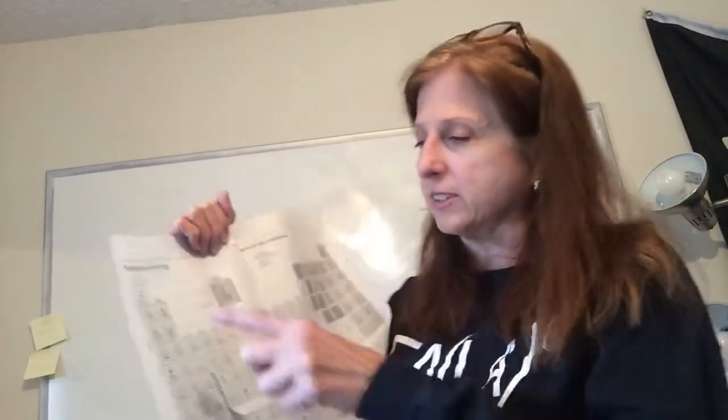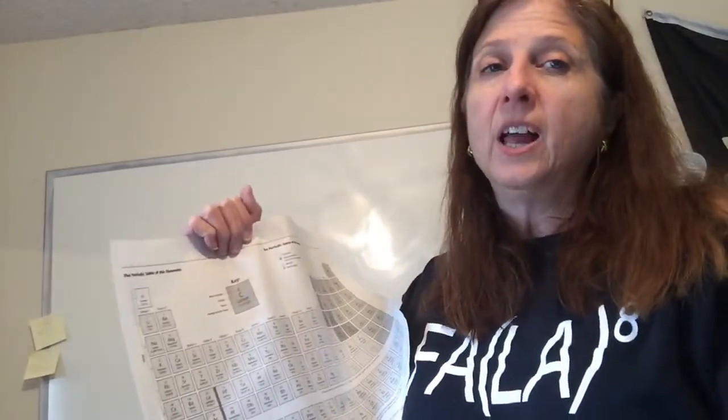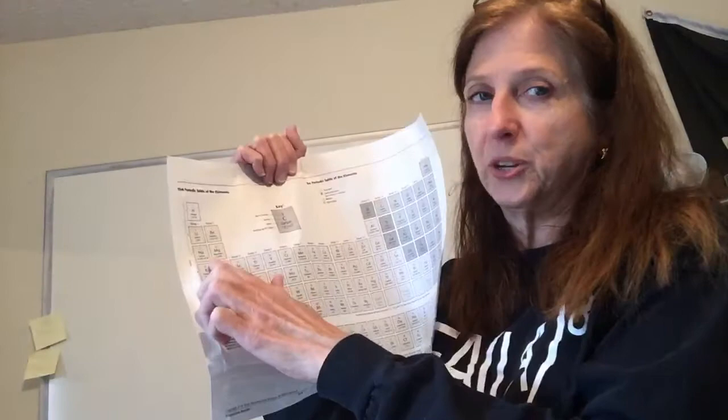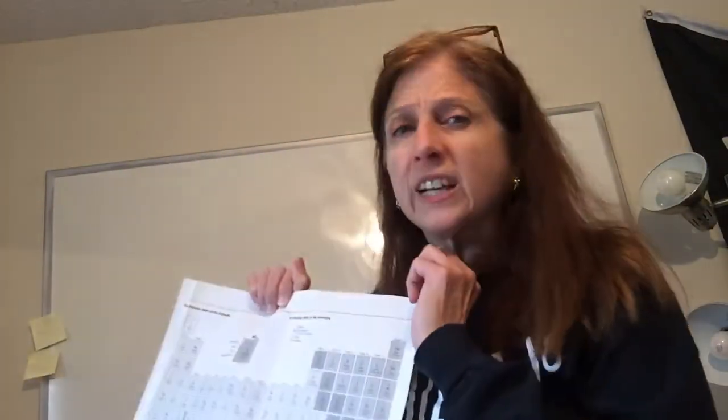So sodium wants to get rid of that extra electron so it can feel like neon. Next to it is magnesium in column 2. Column 2 has 2 extra electrons it wants to get rid of so that it can feel like neon. If it could just lose 2 electrons, it would have 10. It would have just the perfect number, 8 on the outside, and it would be happy.